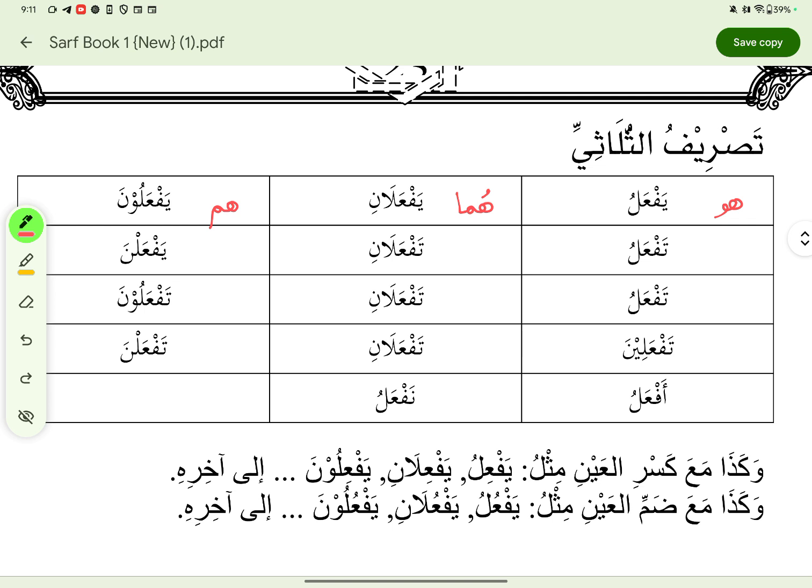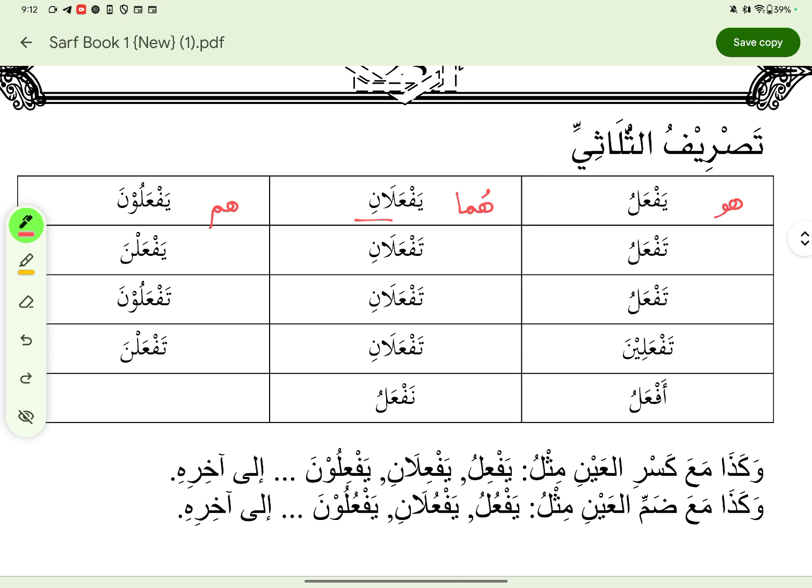And the verb changes. It was yaf'alu, and it becomes yaf'alani. It sounds similar to the number we just did: mu'allimani ithnani. Yaf'alani. This is called muthanna, but we won't go too deep into muthanna right now.